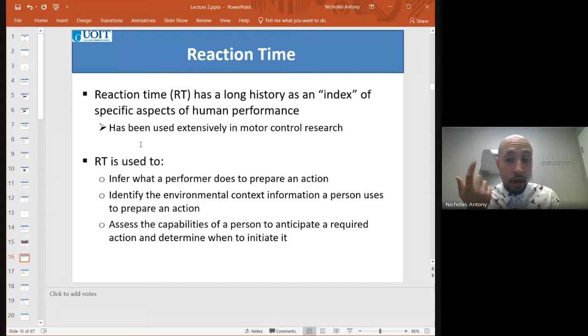That processing took longer, so whatever you changed made it more difficult for the brain. By checking reaction time, it allows us to understand what the person is contemplating or evaluating when they're initiating movement. So we can identify what things in the environment the performer requires to process, and it allows us to assess the capabilities of a person to anticipate a required action or to determine when to initiate it.